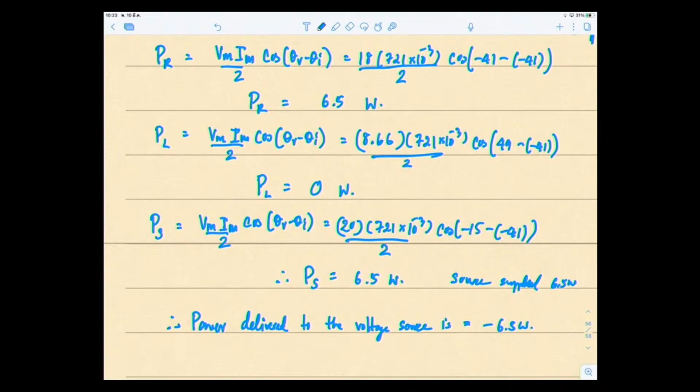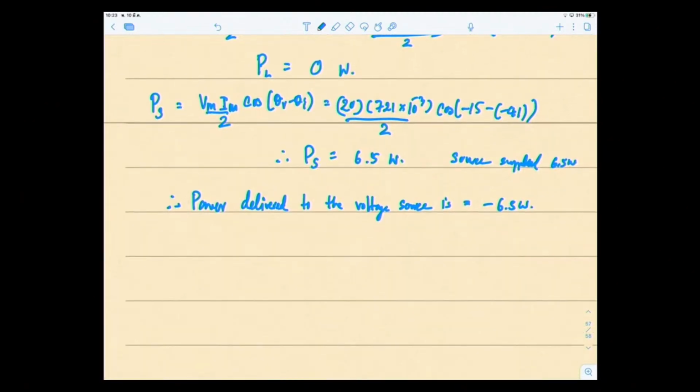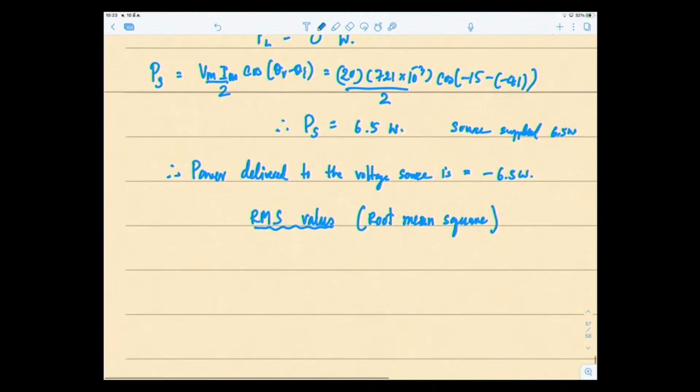Okay, so next concept. So this is average power, so please remember the formula for average power. The next concept is RMS values. RMS stands for root mean square. So if you have a current and you want to find IRMS, it will be equal to, you take the square, take the mean, and then take the root.